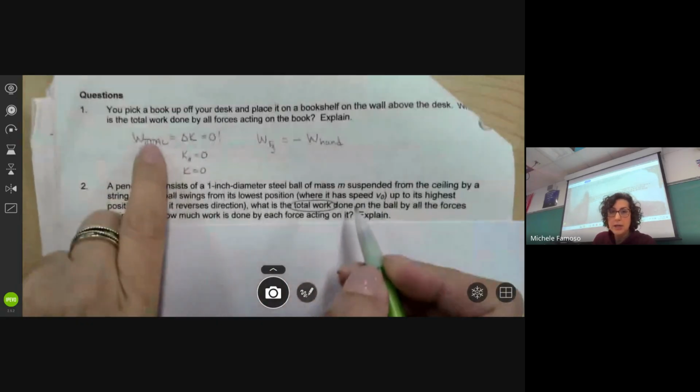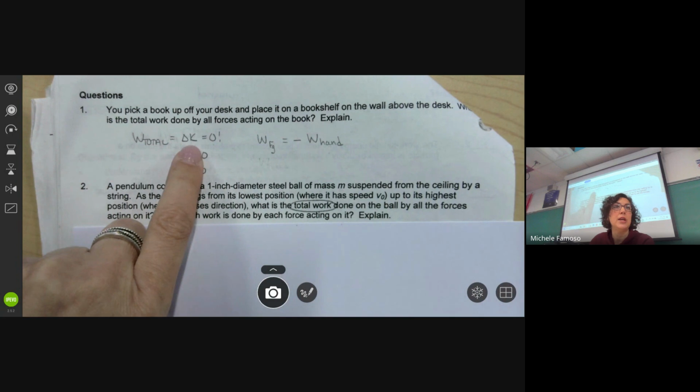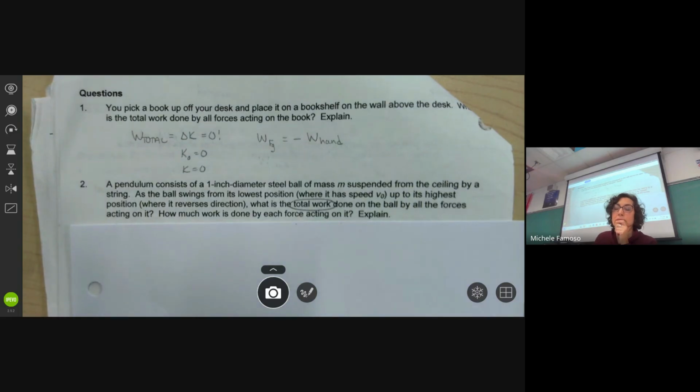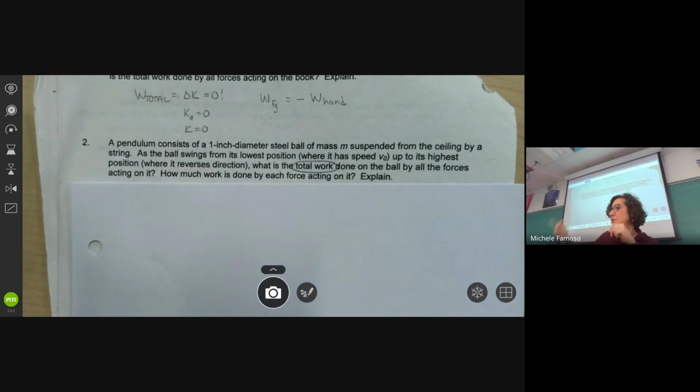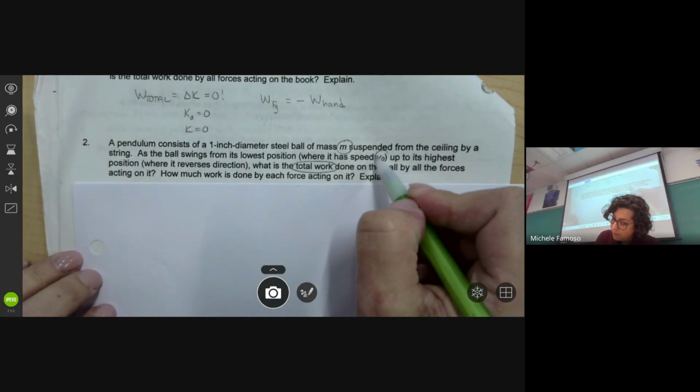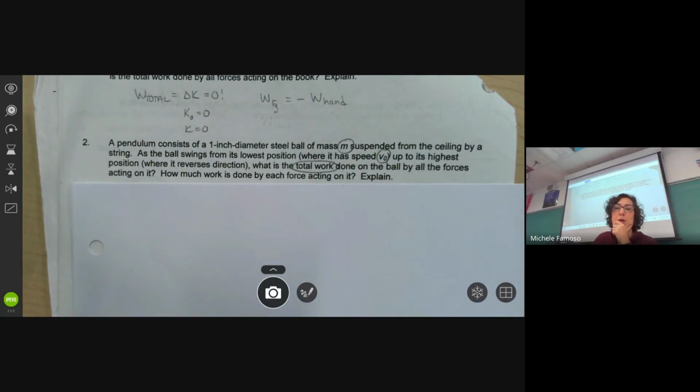Total work is always equal to a change in kinetic energy. Lowest point to highest point. Is the kinetic energy changing? How much is it changing by? Use the variables in the question. The variables are M and v0. Tell me how much work was done as it goes from its lowest point to its highest point. Figure out what the change in kinetic energy is.